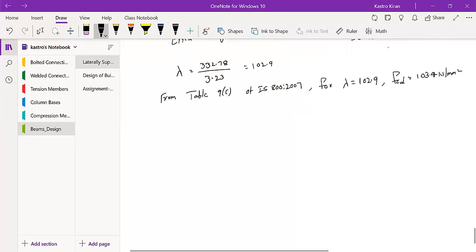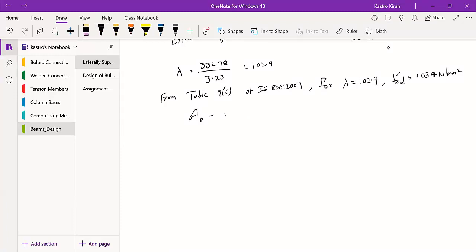Here you also have to solve for another one, which is AB. AB is taken as B1 plus N1 into TW. The value of B1 has to be calculated.